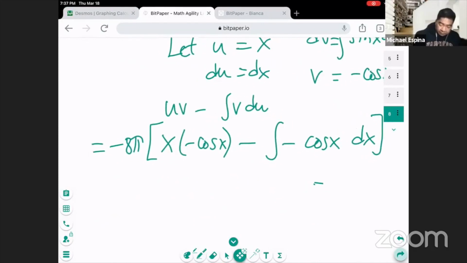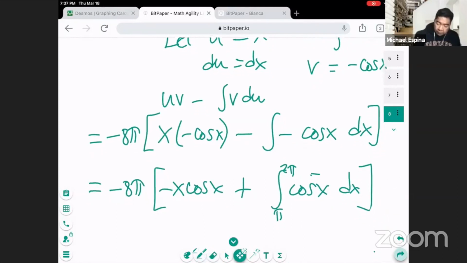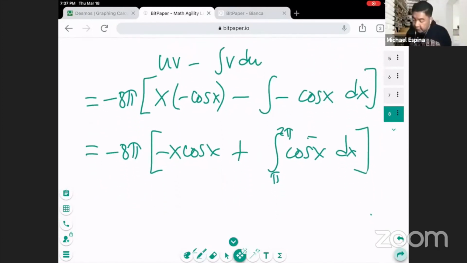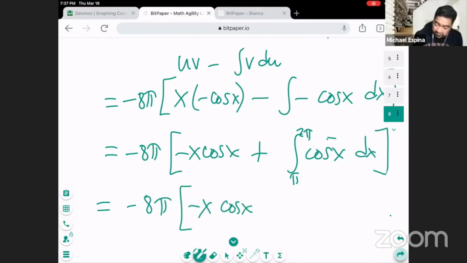We can combine this: negative x cosine of x, and then plus integral of cosine of x dx from pi to 2 pi. So what's the integral of cosine x? That is sine x, right? So negative 8 pi times negative x cosine of x plus sine of x, and our limit is from pi to 2 pi.